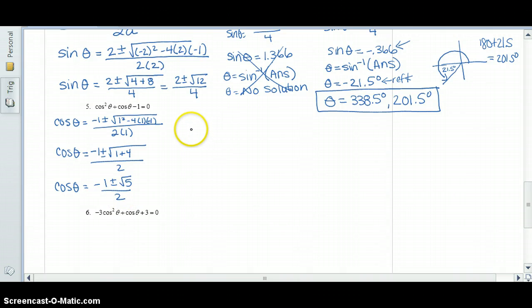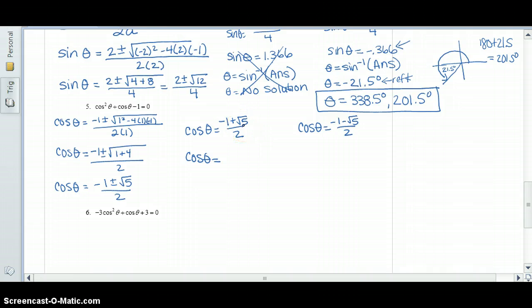So we have to do the two possible answers. Cosine theta equals -1 plus the square root of 5 over 2. And in a minute, we're going to have to do cosine theta equals -1 minus the square root of 5 over 2. So on your calculators, you would press -1 plus the square root of 5 divided by 2. -1 plus the square root of 5, hit enter, and then divide by 2.